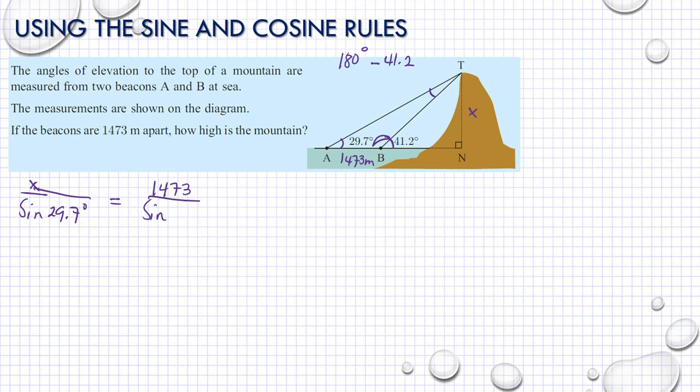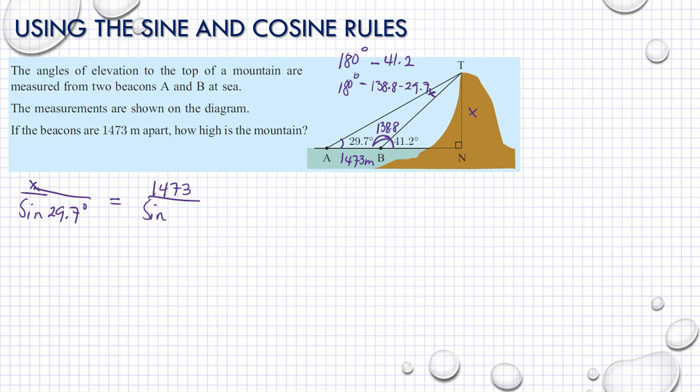Then that is 138.8. This one is 138.8. Okay, that means this angle is 180 minus 138.8 minus 29.7.